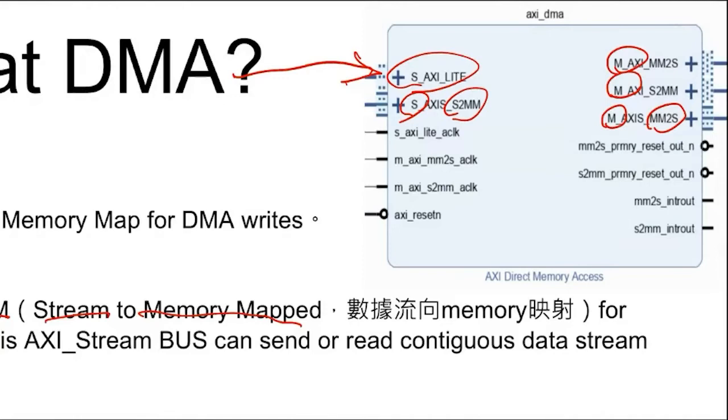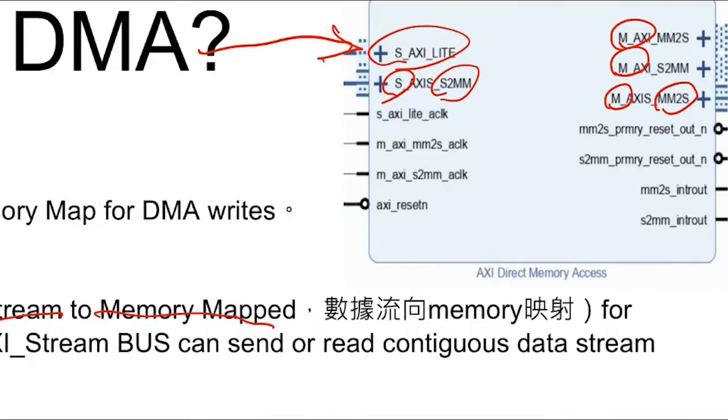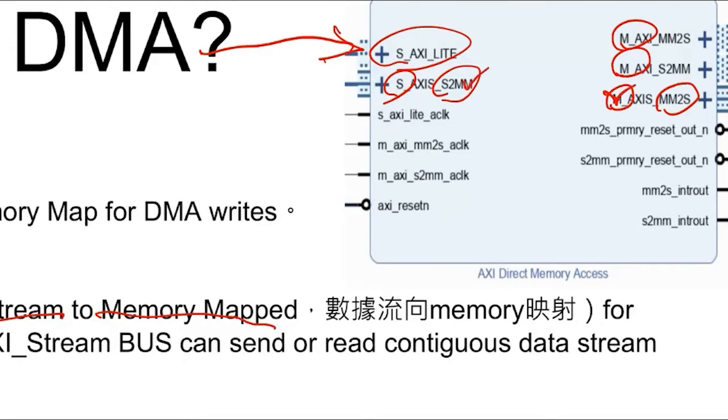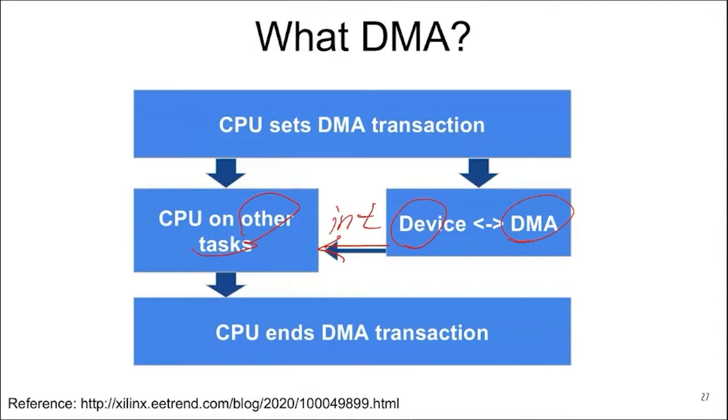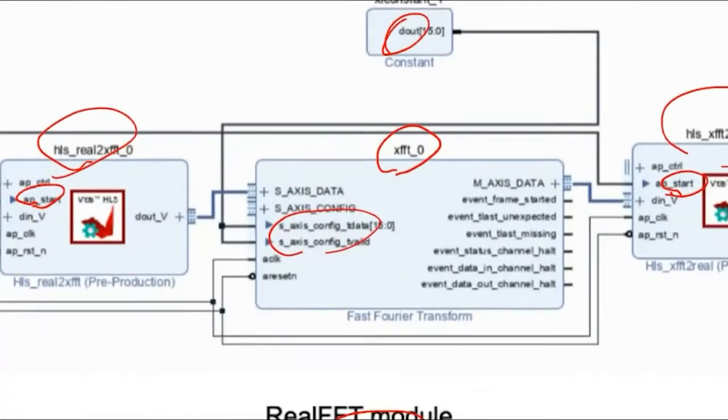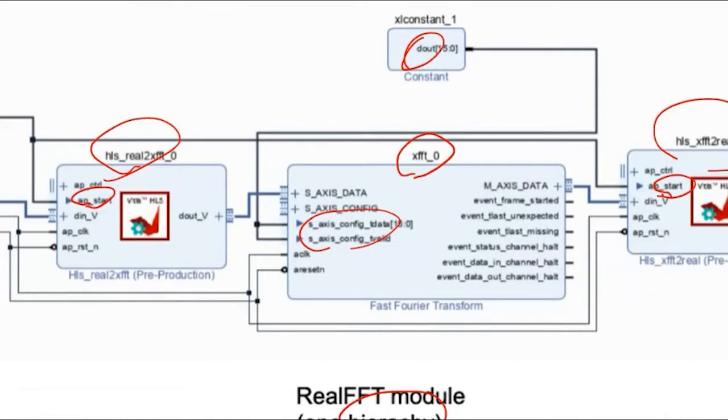So first look at this IP: what is the interface generated from HLS, and how the source code defines this one and this one.